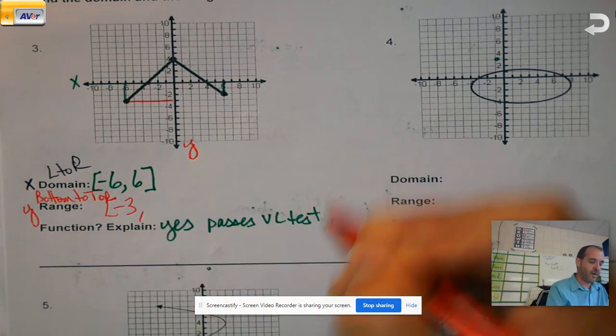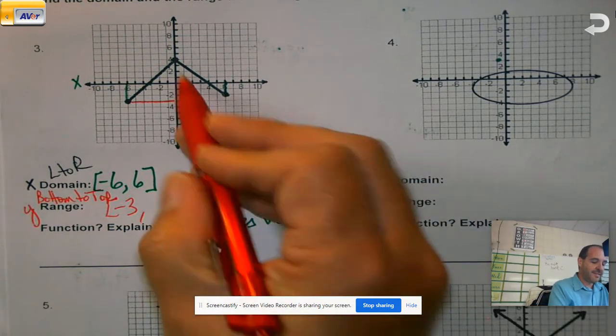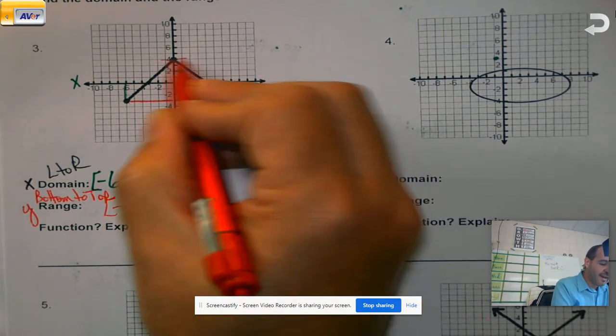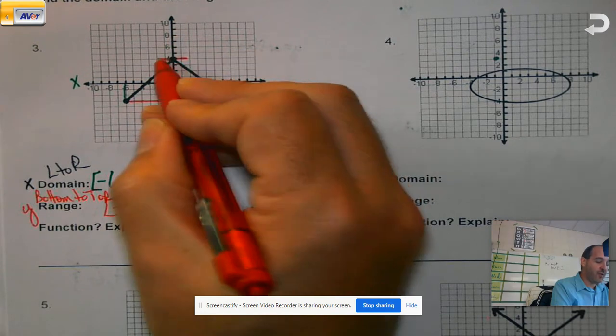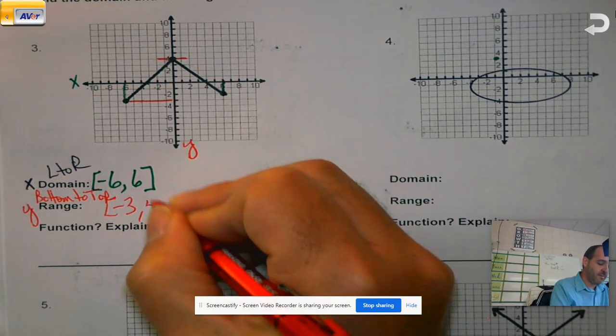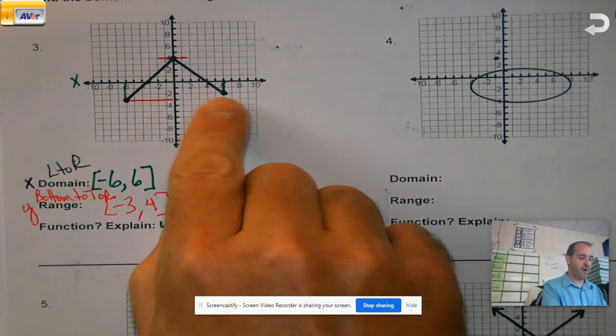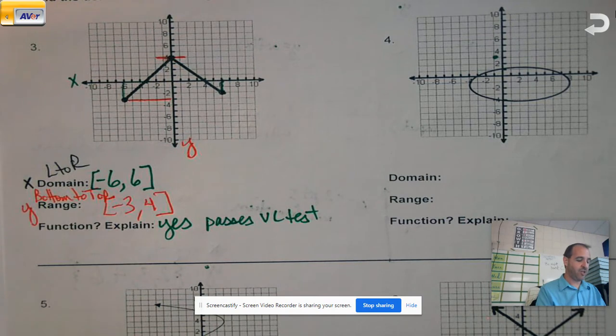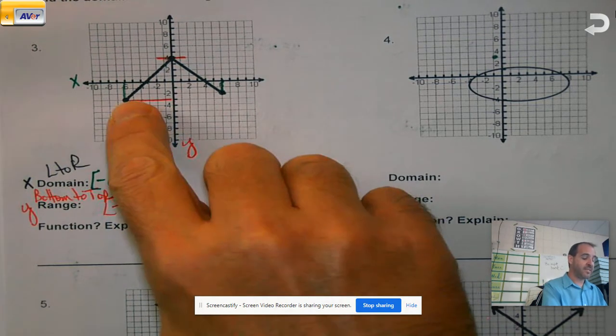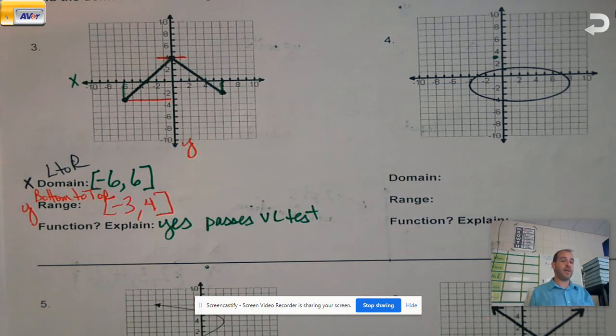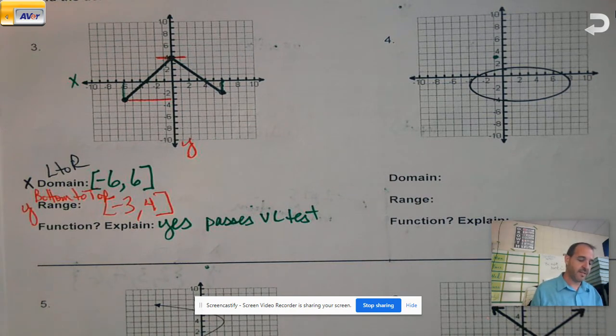Find that top point of your graph, again, the y value at that point. That's the thing we got to keep straight. Domain, x, left to right. Range, y values, bottom to top. And sometimes the points can repeat for x and y. They'll just have different values. Something to consider.